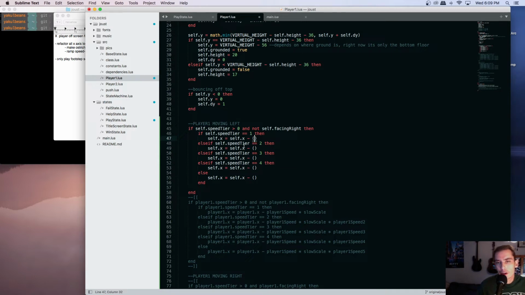And as far as I know, there's no shorthand to say a variable gets its own variable and then shifted by a certain number. So I don't know. Excuse me.